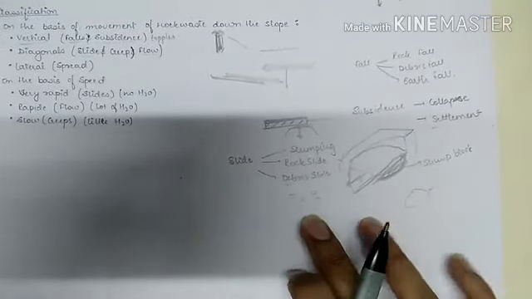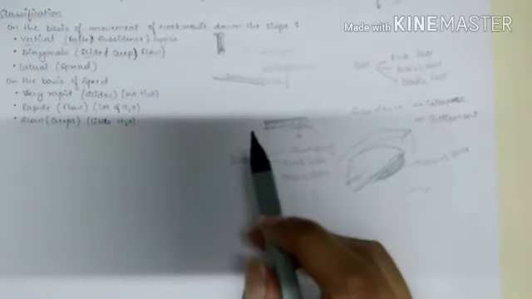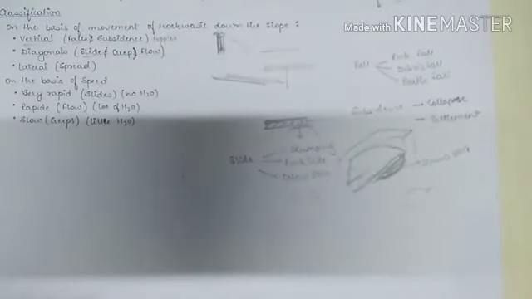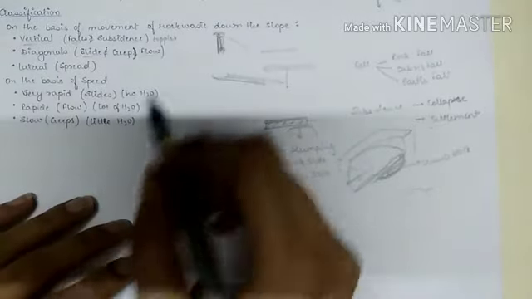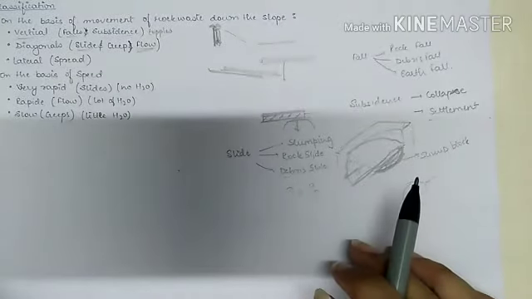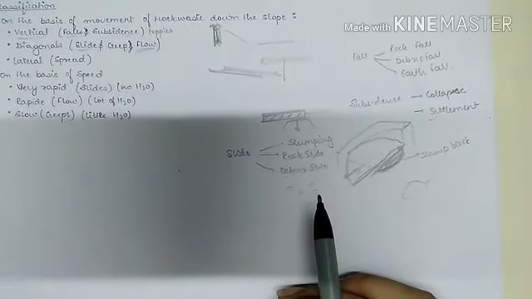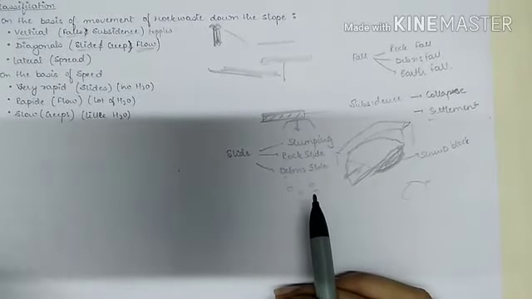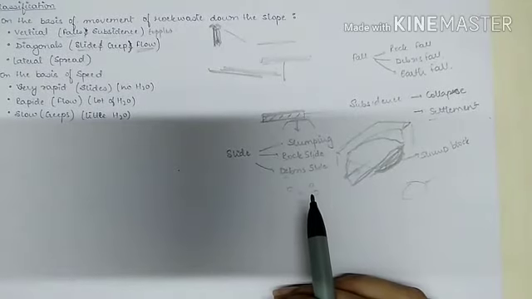Now next we have flow. One is slide, next we have flow. Flow is downslope diagonal movement of rock fragments or soil along the sliding plane with enough water. Flow involves water. There are soil fluxion, debris flow, mud flow, earth flow, and rock avalanches.